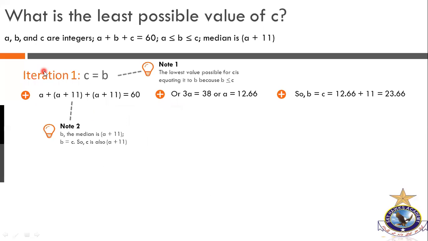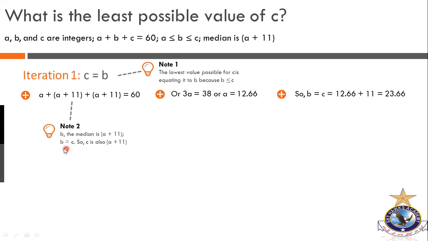Okay, this one. Please read this. Iteration one, C is equal to B. So the lowest value possible for C is if equating it to B, because B is equal to or less than C. So A plus the median, A plus 11, plus A plus 11 is equal to 60. Note 2, B the median is A plus 11.